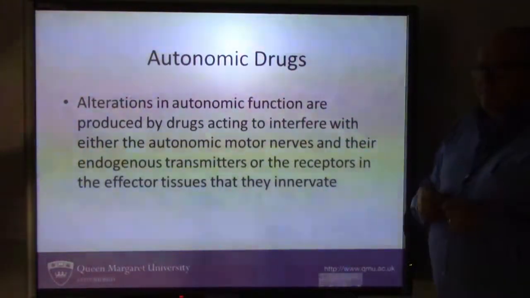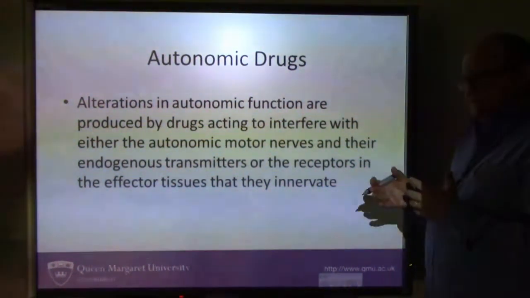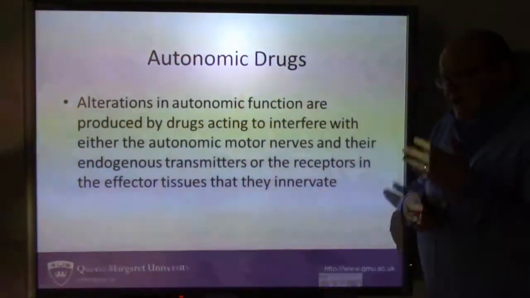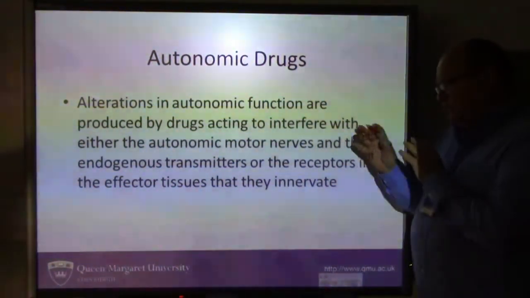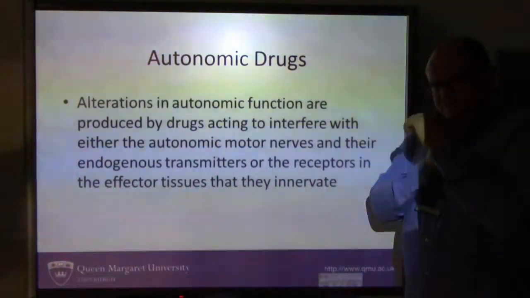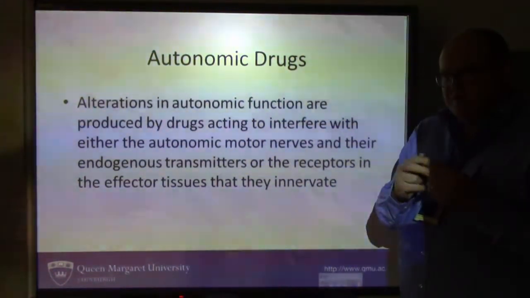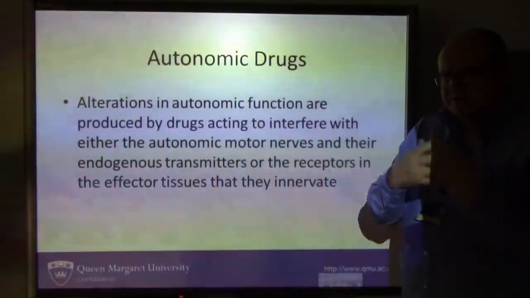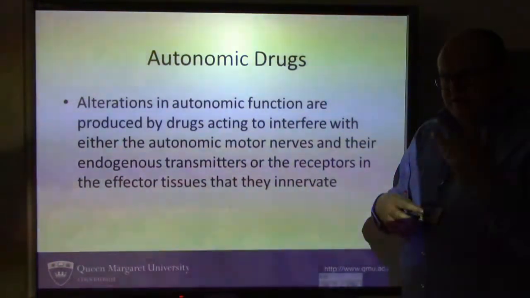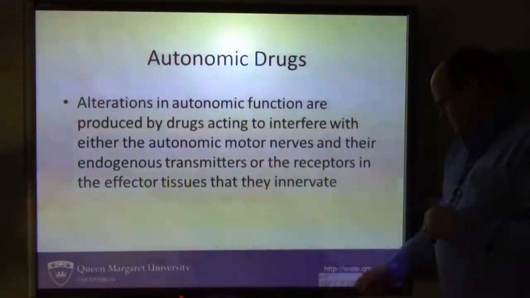Now, if that's the basic thing, you can then start to manipulate and alter the system by giving agonists and antagonists. So you've got your endogenous transmitters, noradrenaline for sympathetic, acetylcholine for parasympathetic, but then you can introduce agonists and antagonists to either enhance or reduce the effects of those endogenous transmitters.